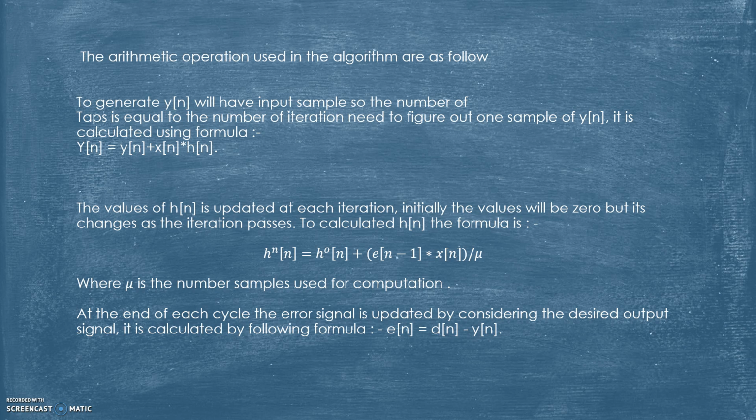So the error signal from the last cycle will be used in the new cycle, like how we have considered x of 1. After the entire cycle is completed, we'll be getting a new error signal, and that new error signal will be used for the next cycle, where x of 2 and x of 1 will be used and y of 2 will be generated. So this is how the algorithm works.